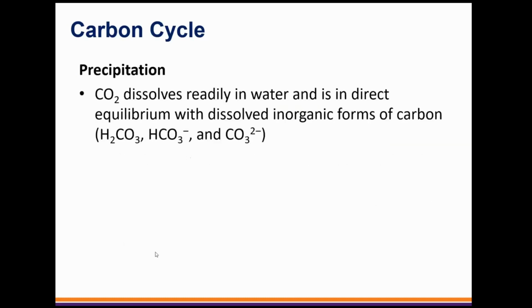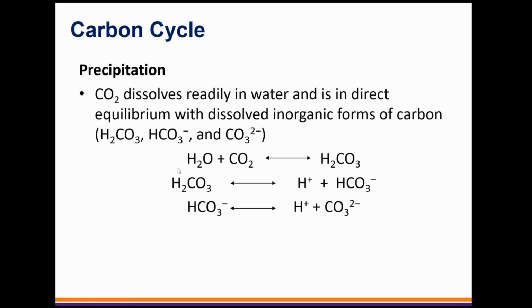Okay, next process is precipitation or rains. Carbon dioxide dissolves readily in water and is in direct equilibrium with dissolved inorganic forms of carbon such as carbonic acid, hydrogen carbonate ions, and also carbonate. So this is the reaction of carbon dioxide with water.